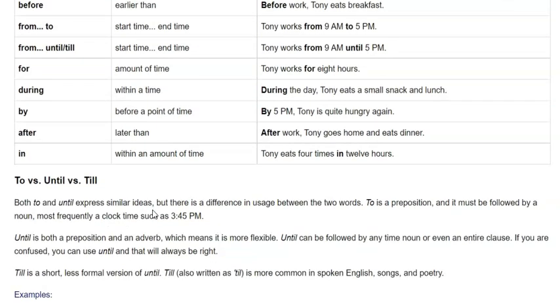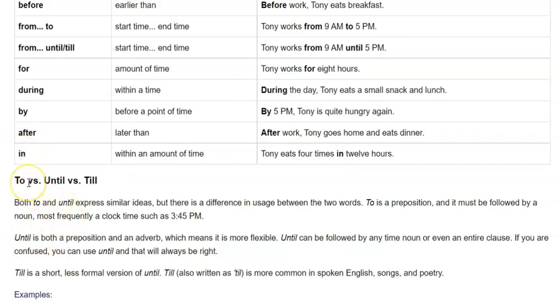There are a few things we have to remember, like the difference between to, until, and till, and when we can use each. All three are functional time prepositions and there is no major difference between them.